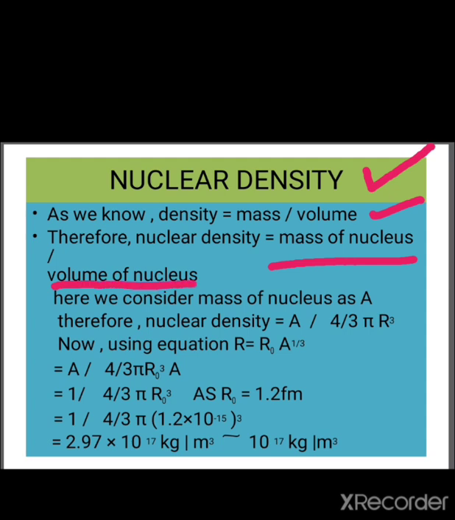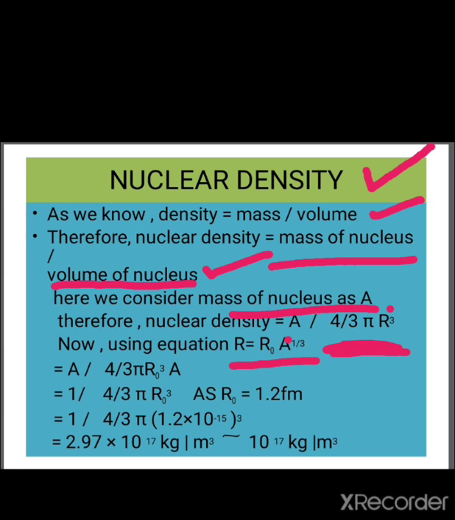Here we consider the mass of nucleus as A. Therefore, nuclear density will be A upon 4/3 πR³, because we consider the nucleus to be spherical. And I discussed in the last slide that R = R0 A^(1/3).